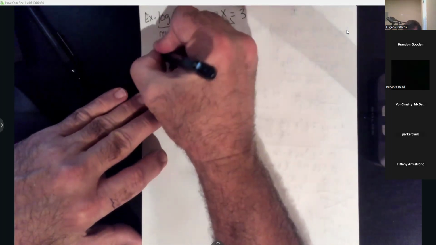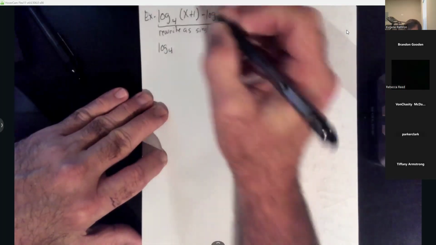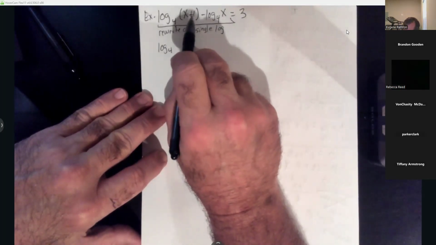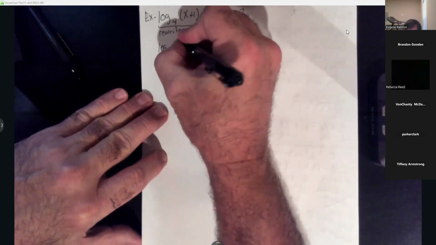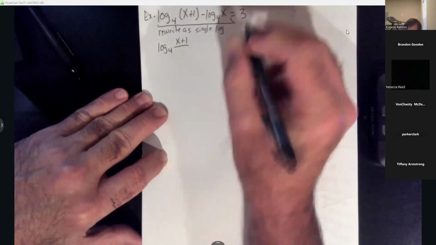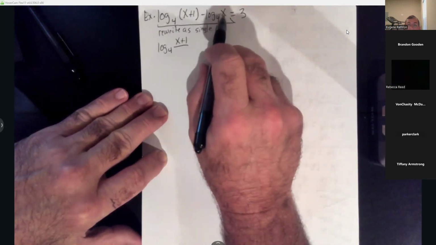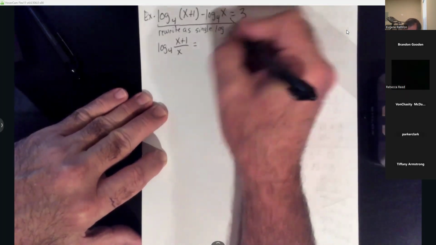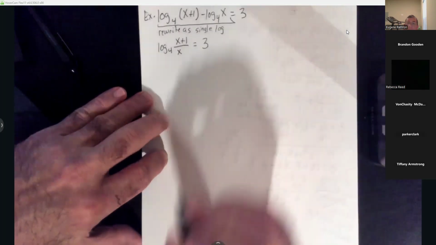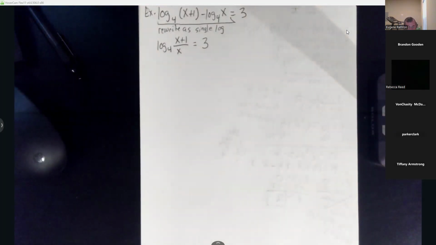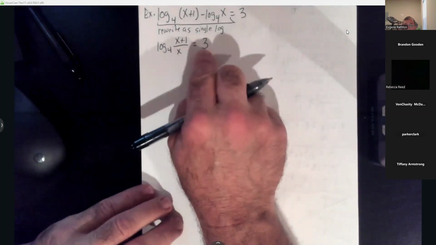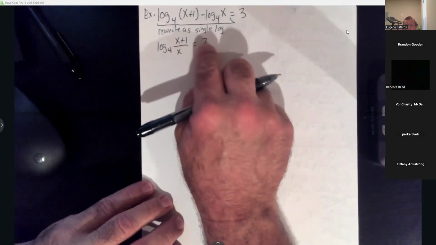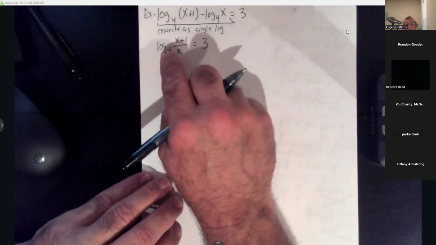So bring out your log 4. This positive factor, the x plus 1 will go on the top. This factor being subtracted, the x will go to the bottom. And that's going to equal a positive 3. So y'all check this out. I cannot do the log base property because I don't have a log base 4 on the right side.